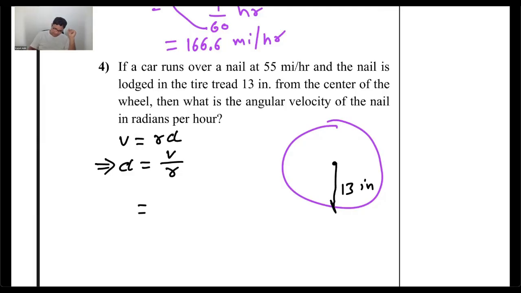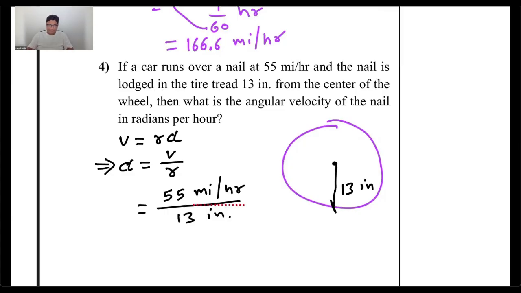Now the linear here is 55 miles per hour divided by the radius, which is 13 inches.